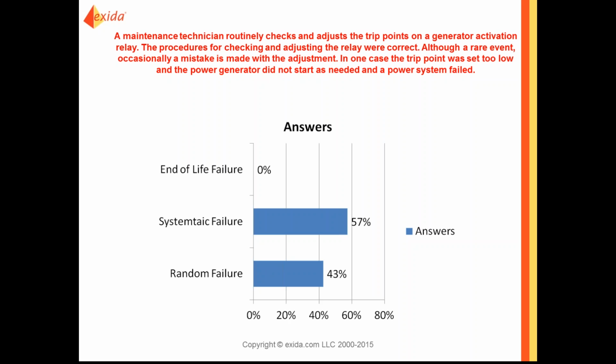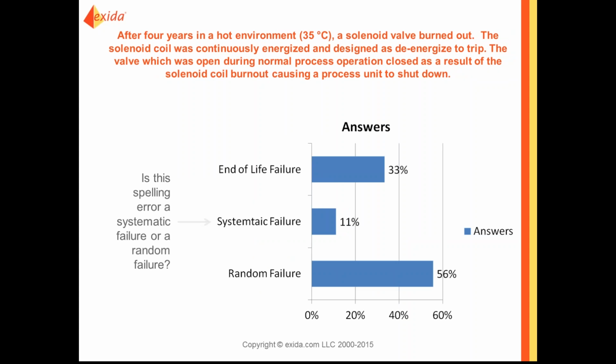The operator just made a mistake. And then in our final example, after 4 years, the solenoid coil burned out. So is that an end-of-life failure, a random failure, or a systematic failure? Again, most people thought random, but there was still a pretty good chunk that said end-of-life. And now on all these slides, we actually realized we misspelled systematic, but, well, is that systematic or random?